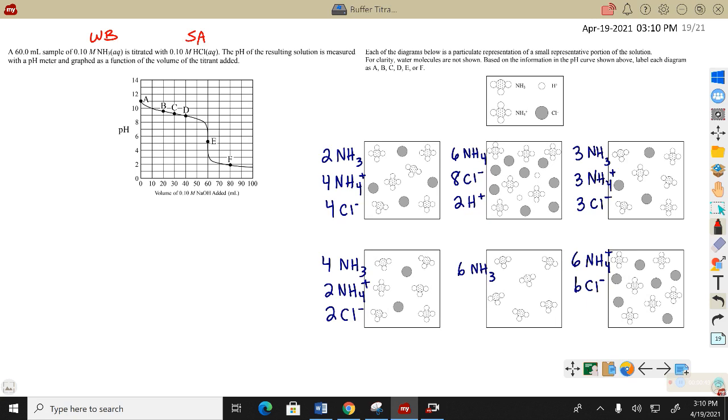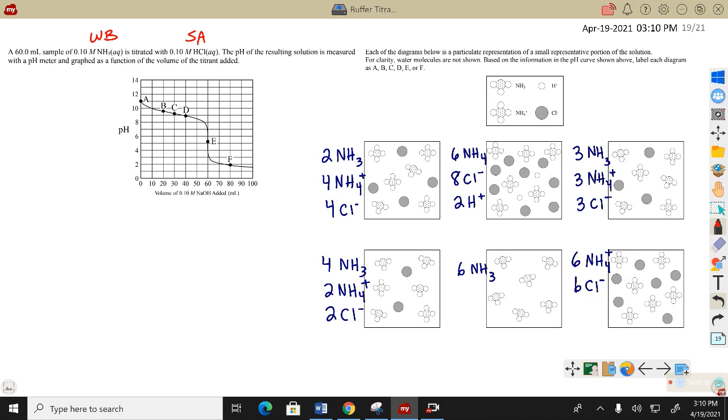If I were setting this up, I've got the base in the beaker or the flask, and I'm dripping in the acid from the burette, which is why my pH is gradually decreasing over time. I'm adding the acid to the base.